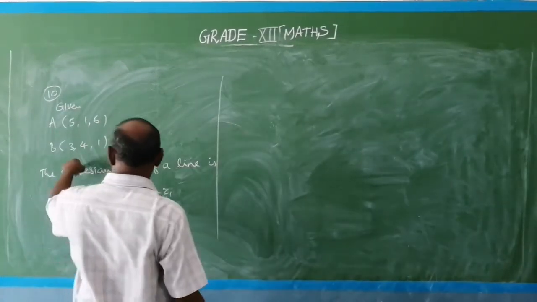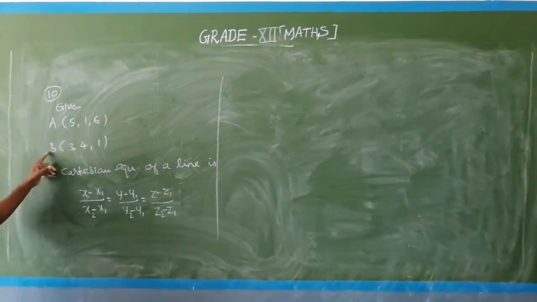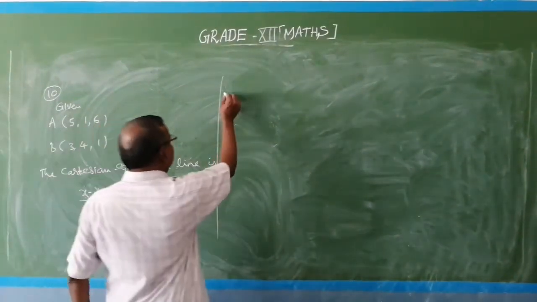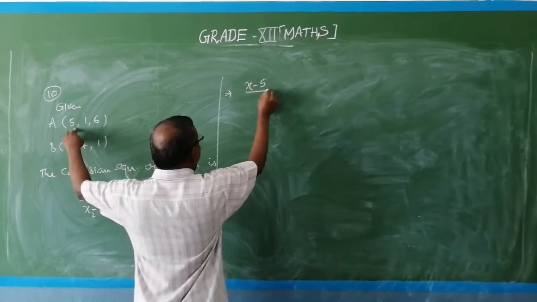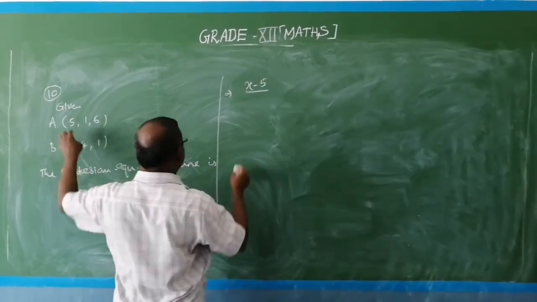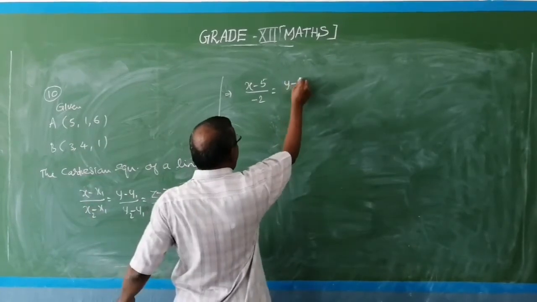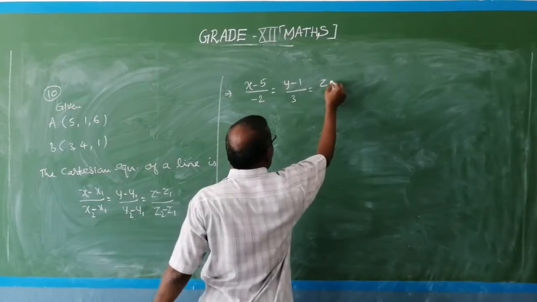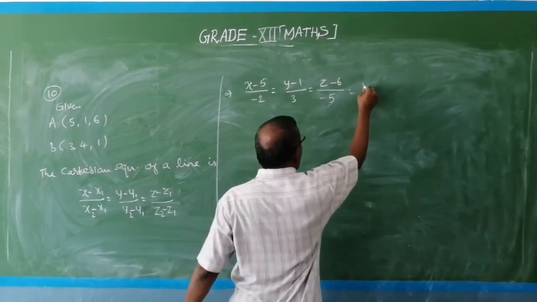Here the first point is x1 y1 z1, whereas the second point we can take as x2 y2 z2. Therefore, the equation is x minus 5 divided by minus 2 equal to y minus 1 divided by 3 equal to z minus 6 divided by minus 5. Let it be lambda.